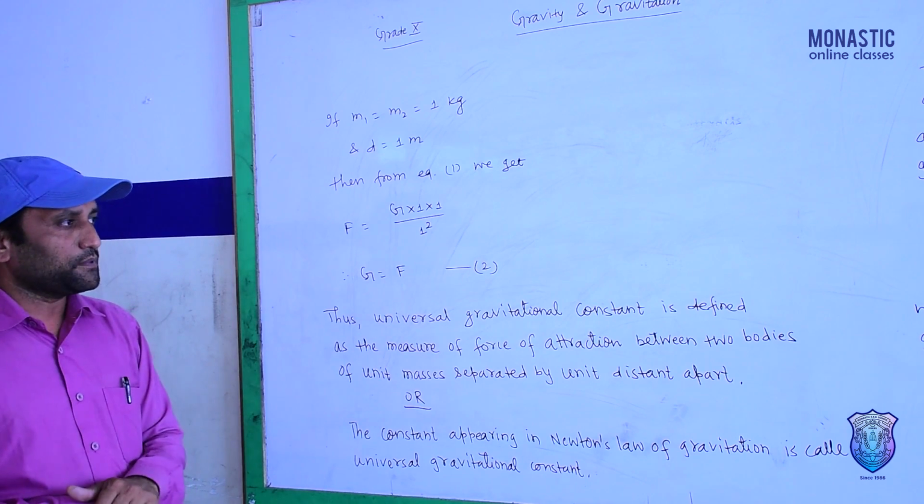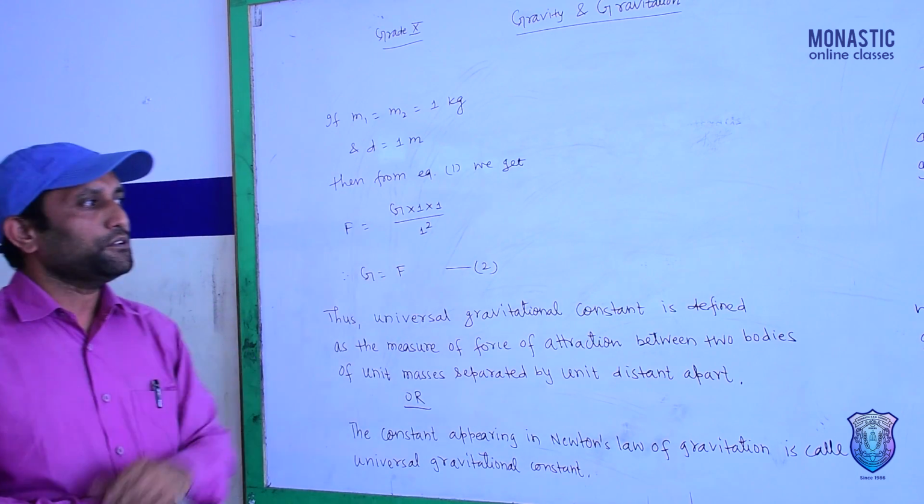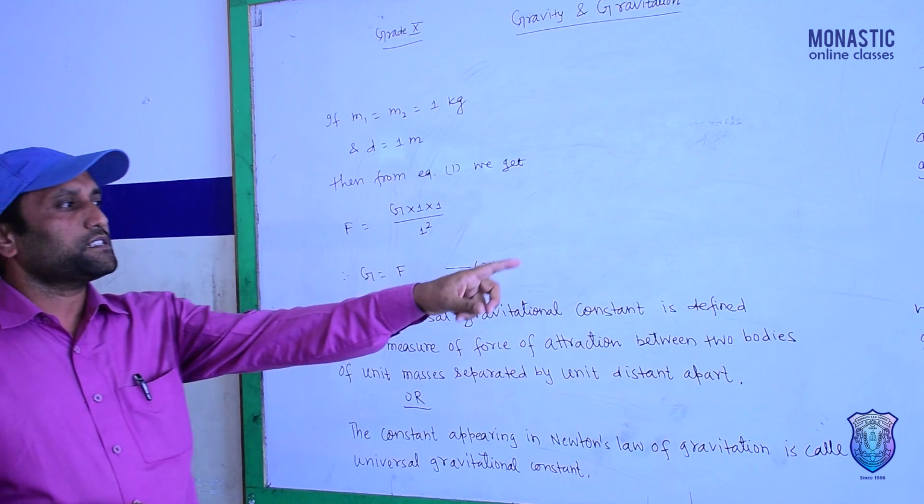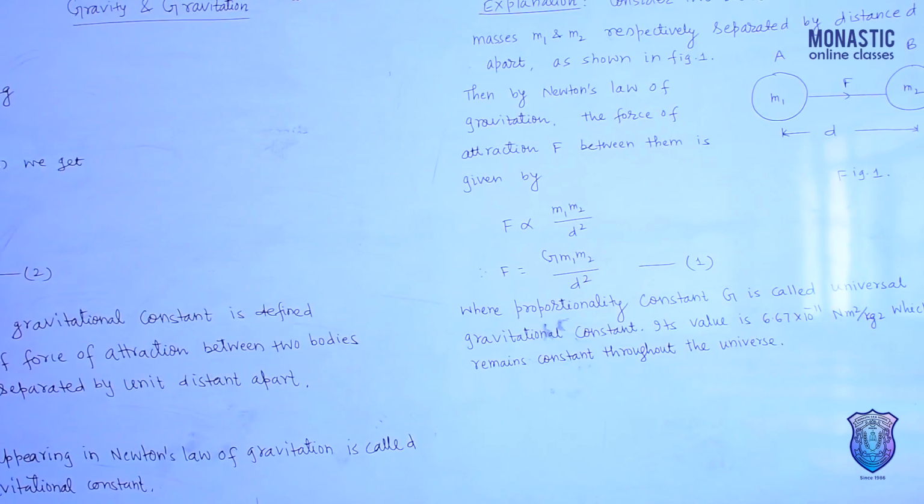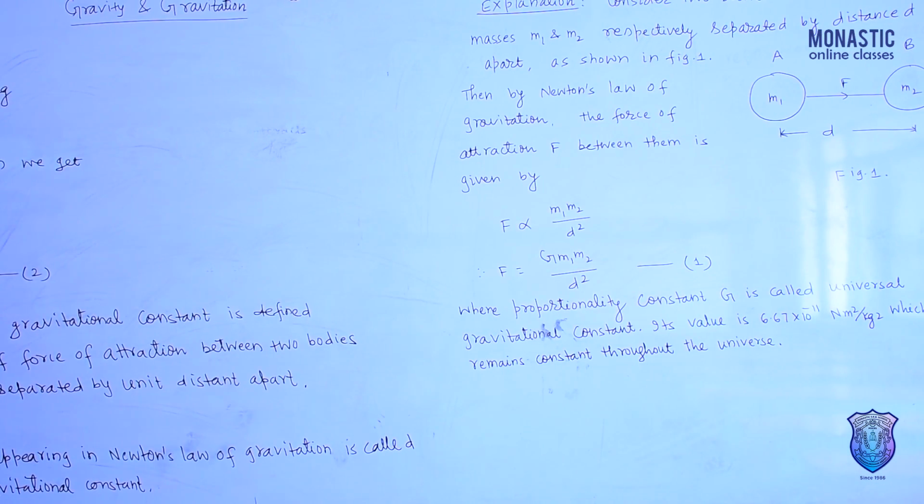Now, what is its value? The value is 6.67 times 10 to the minus 11 newton square meter per square kg in the SI system. The unit newton square meter per square kg is the unit of the universal gravitational constant in the SI system.